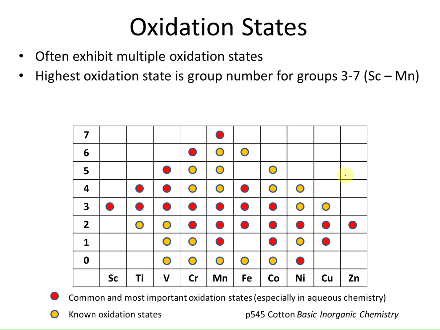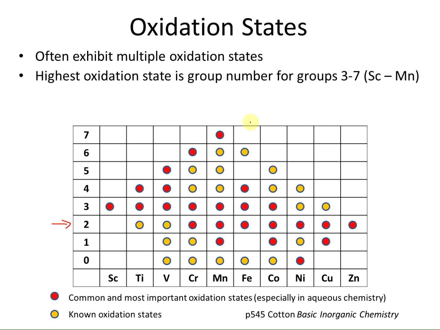Now here are the common oxidation states for transition metals, or the D block elements, and you'll notice that for just about all of them we have a population here on the 2+ oxidation state. So 2+ and 3+ are very common oxidation states for the transition metal elements. And notice that for manganese, manganese maxes out at +7.